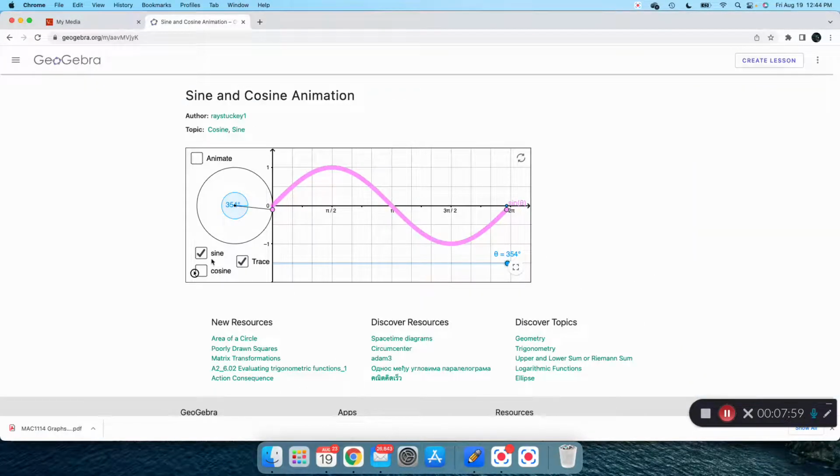Okay, so that's our basic graph for sine. What about cosine? Well, if I have some angle here, let me get my angle back to the beginning. Let me start this guy over. There's our cosine. So cosine, instead of measuring the vertical component, we're measuring the horizontal component.